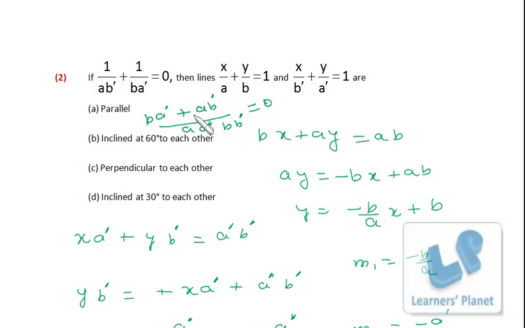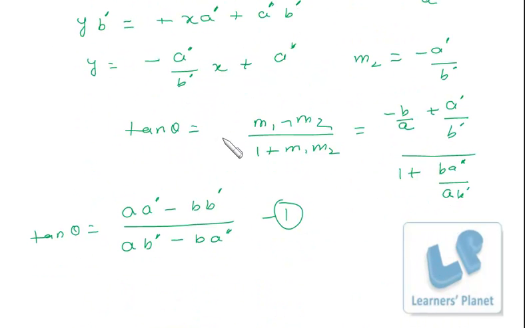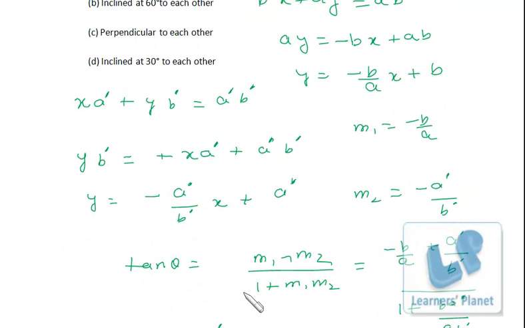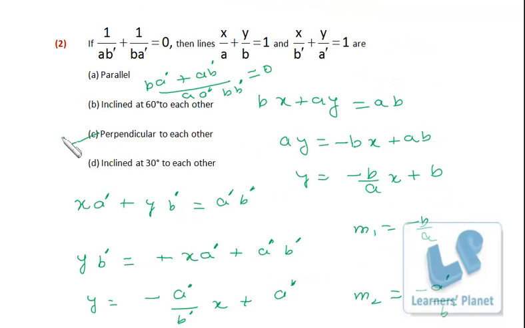I'm sorry, there is a plus sign over here. So BA dash plus AB dash is given to us as 0. That means tan theta is equal to something by 0, that is not defined, right? That means theta is 90 degrees because tan 90 degrees is infinity, or we can say not defined. So the lines are perpendicular to each other.